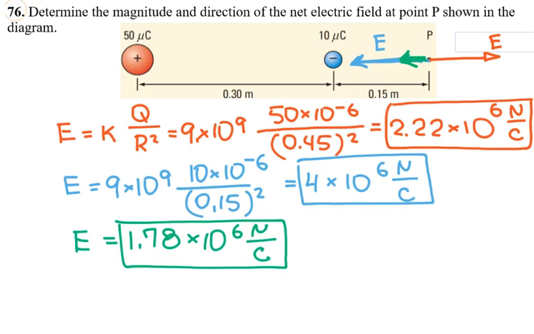So this would be the resultant, directed to the left. Because the stronger one is the one from the negative charge, if I subtract them, the resultant is going to be to the left, and the magnitude of it is 1.78 × 10^6 newtons per coulomb.